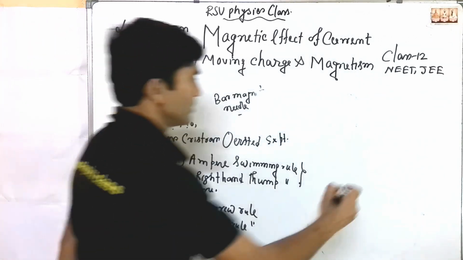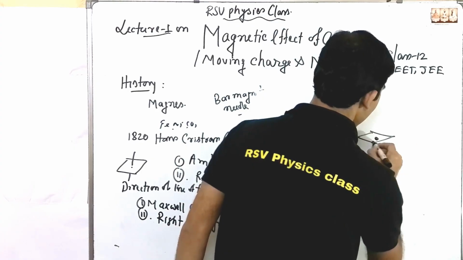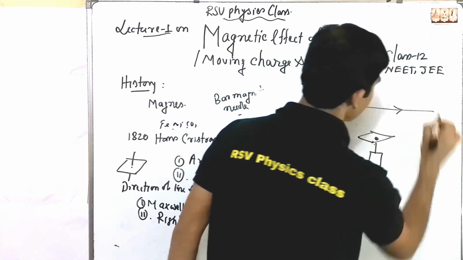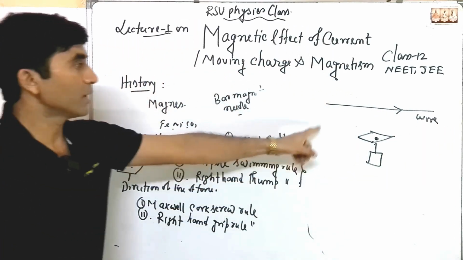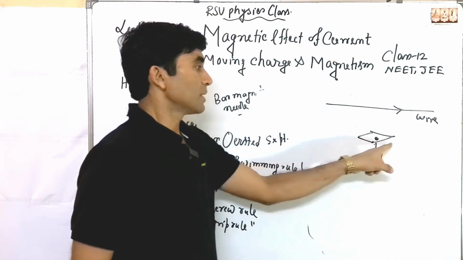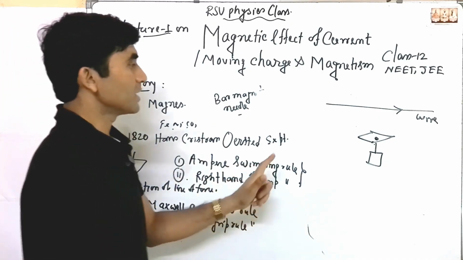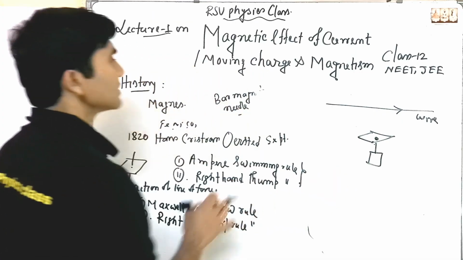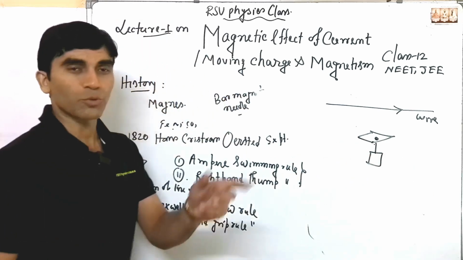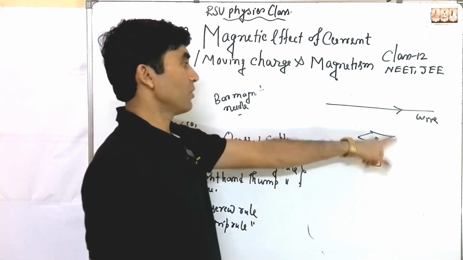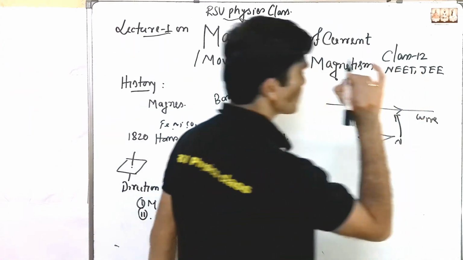He put a magnetic needle here, and current was flowing through this wire. Whenever current passes through the wire, the magnetic needle deflects. When the current is off, it comes back to its own position. But when current is passing, the north pole is attracted towards it.